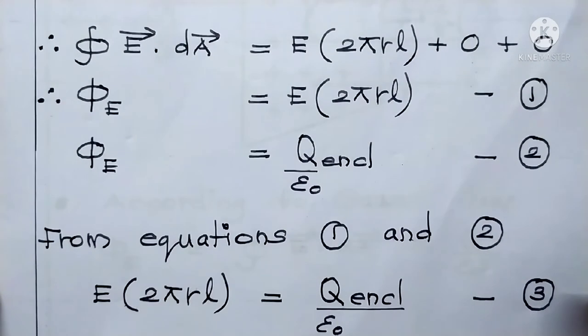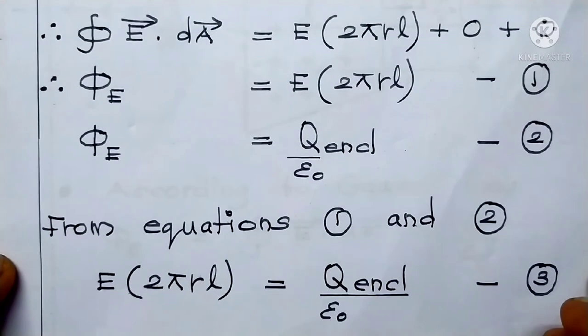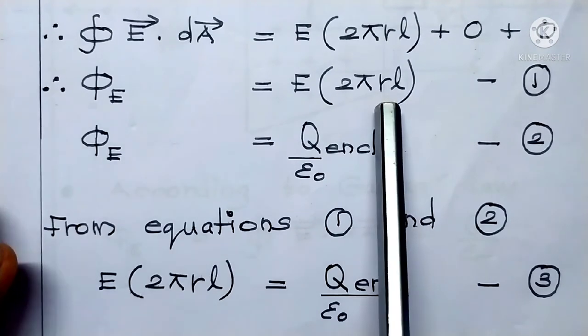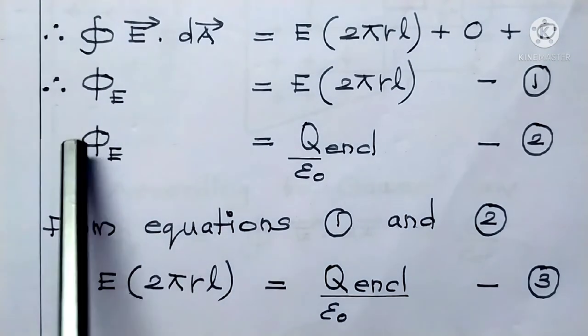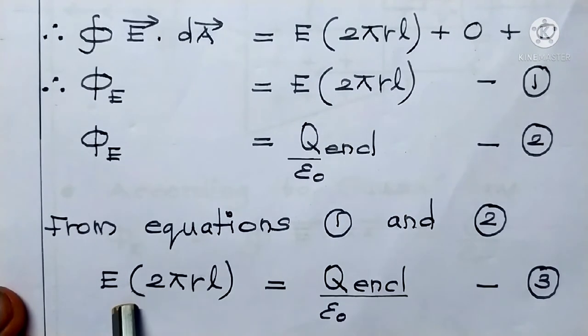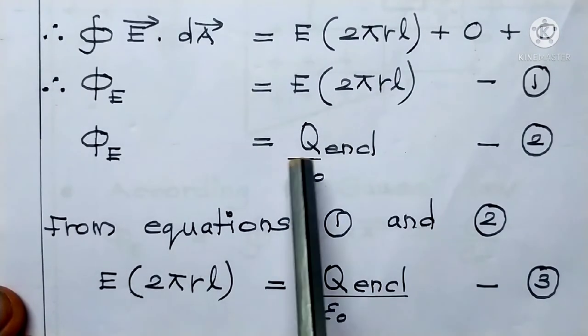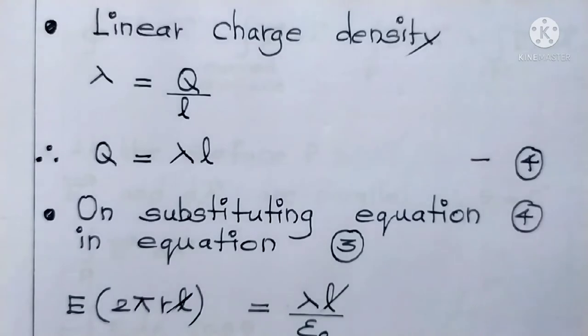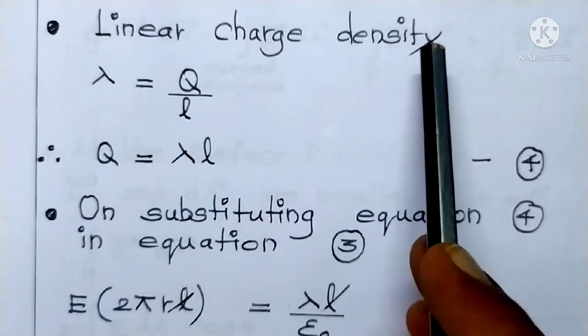Now from equations 1 and 2, what do we get? In these two equations, the left hand sides are equal, so the right hand sides must be equal. So E 2 pi r L is equal to Q enclosed by epsilon naught, which is equation number 3. Now linear charge density.